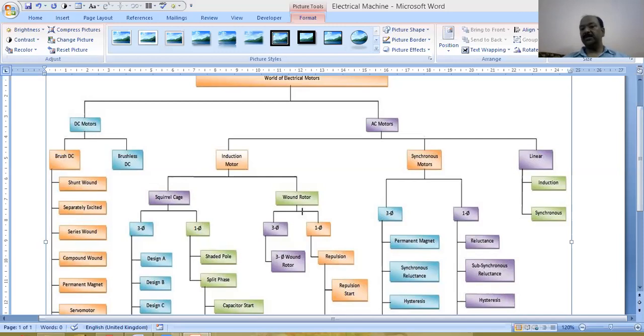So this type of application is associated with the linear induction motor. So this was the general lecture for the DC machines and the AC machines, how they operate and how they work. So now we are ending all the lectures over here, and thank you.